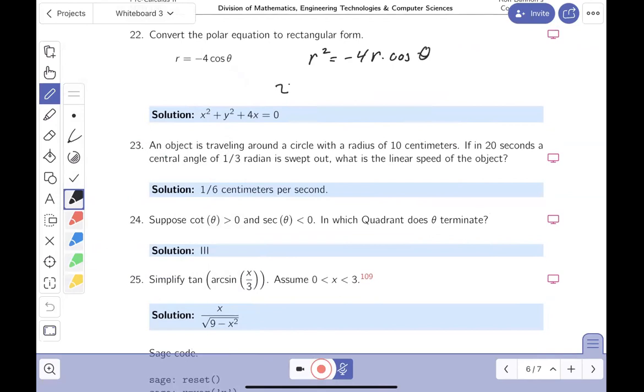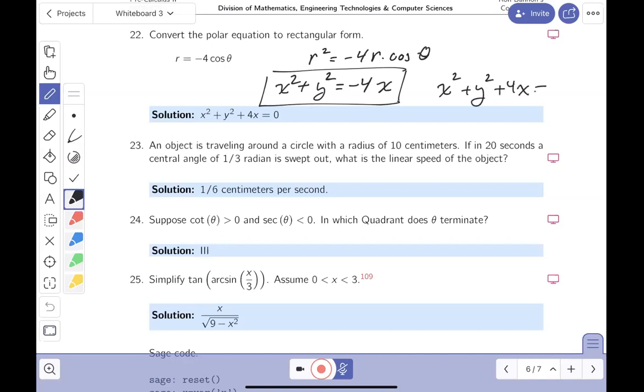Yeah, it's x squared plus y squared minus 4, and r cosine theta is just simply x. All right, I'm going to solve this for 0. You don't have to, though. But that's a fine answer right there. If you solve that for 0, what do you get? X squared plus y squared plus 4x equals 0.